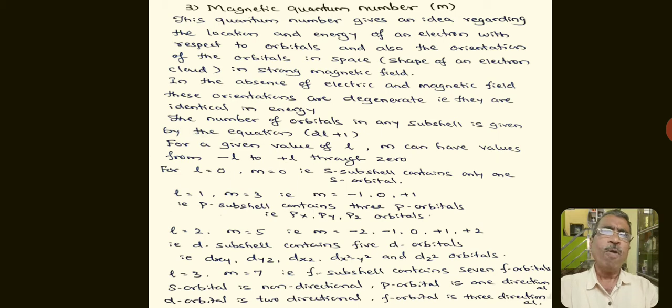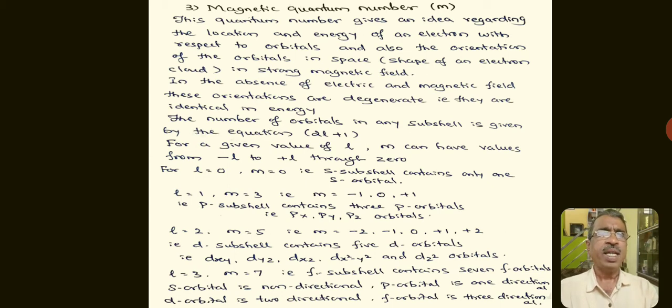The number of orbitals in any subshell is given by the equation 2L plus 1. For a given value of L, M can have the values from minus L to plus L through 0. For L is equal to 0, M is also 0.